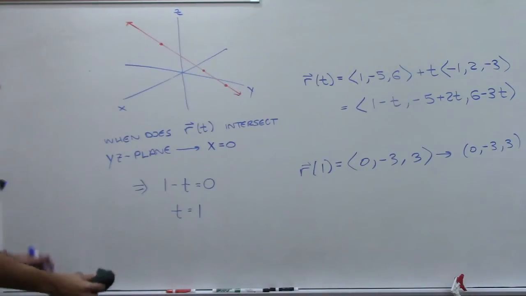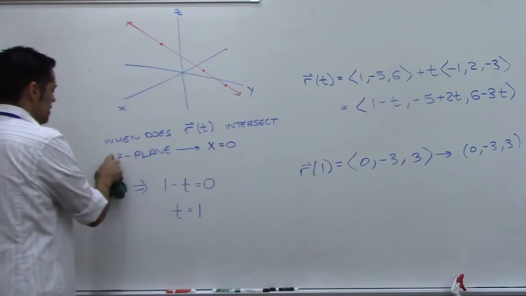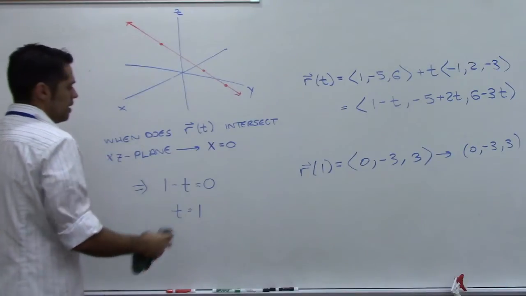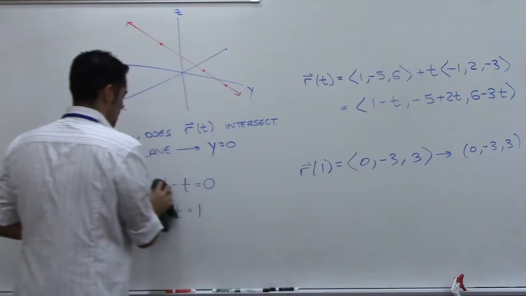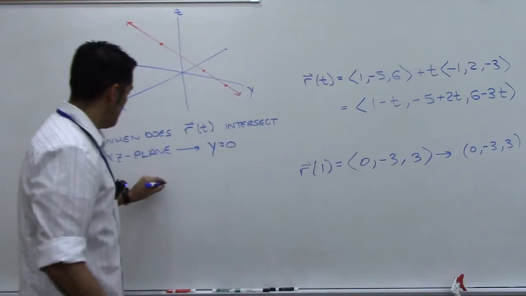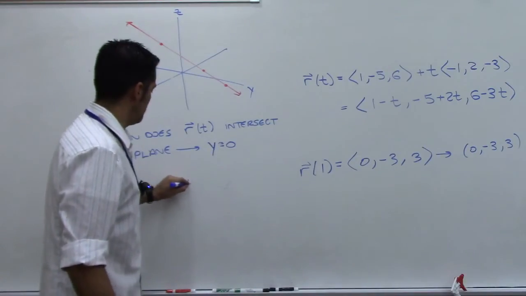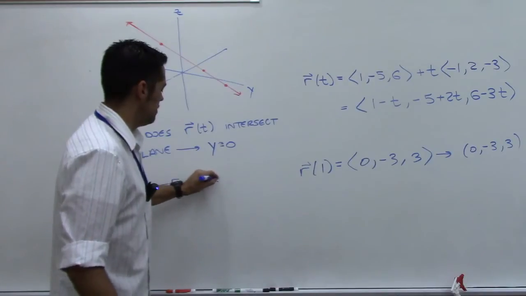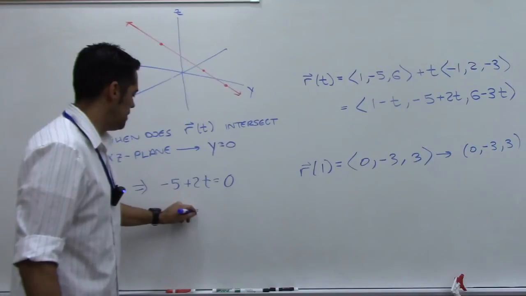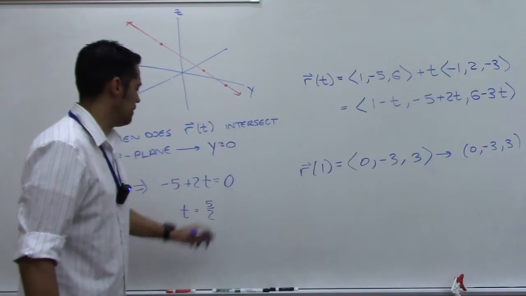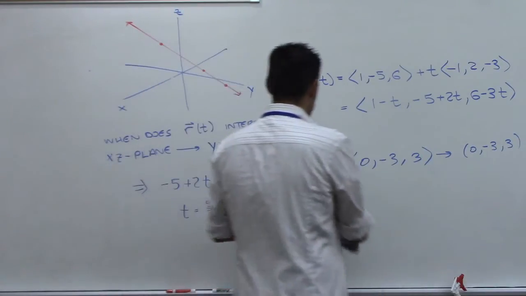And then finally, if we want to find out where it goes through the xz plane, in that case y must be 0. And that means that negative 5 plus 2t must be 0. And then that means that t must be 5 halves. Then we plug 5 halves in.